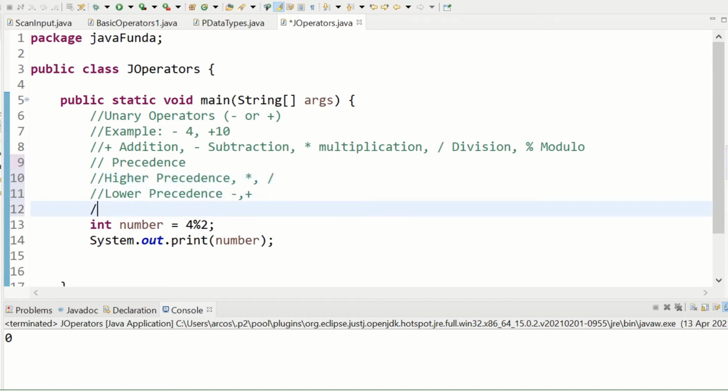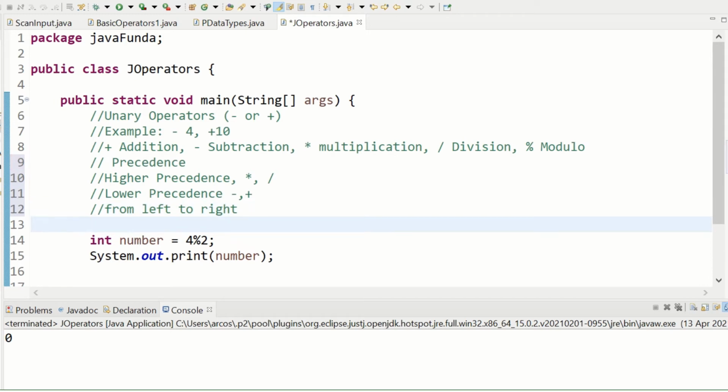So the reading is from left to right, meaning the highest will be on the left side going to the right side. Let's say, for example, we have an operation that says 4 minus 2 times 2.